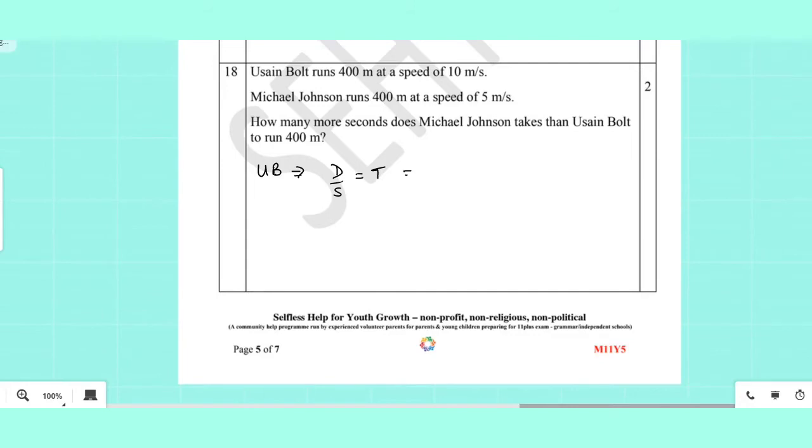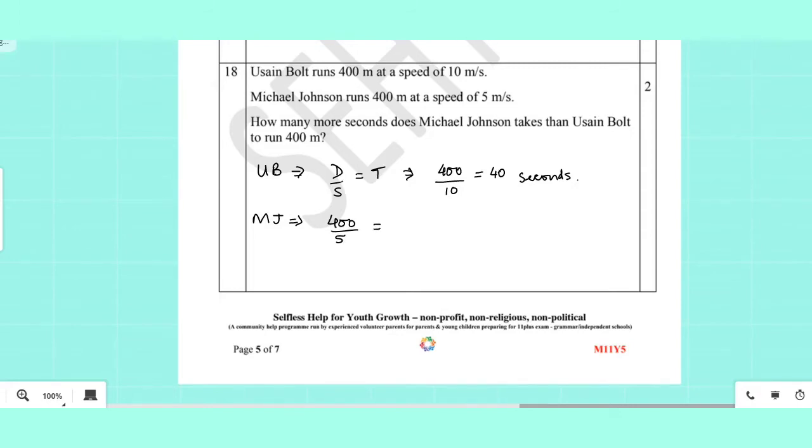Time is equal to distance divided by the speed. So, 400 divided by 10, and that gives us 40 seconds. So, if Usain Bolt is running 40 seconds, each second running 10 meters, he will run 400 meters.